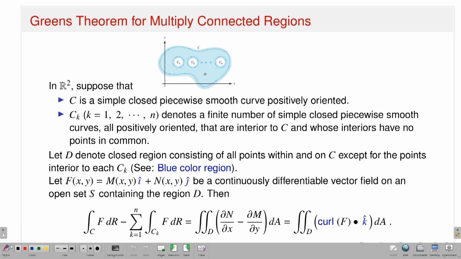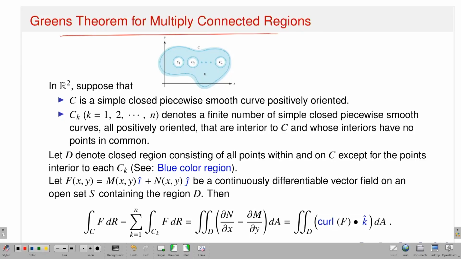So as I said, I recall the statement of Green's theorem for multiply connected domain, which I explained in my last lecture, but let me recall it once again. That's the title, Green's theorem for multiply connected region. Now what is the statement? Again I restrict myself to two-dimensional Euclidean space.